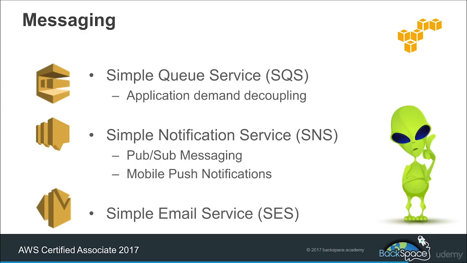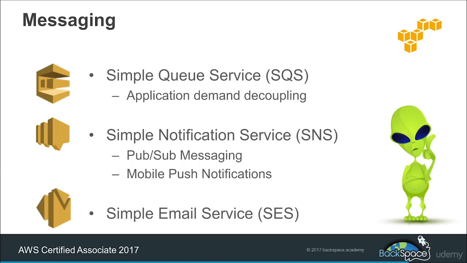So if that application all of a sudden receives a massive amount of demand, those requests for processing will go into the queue, and they will be built up in the queue until such time as our processing server is able to process that and reduce the queue size. So it's effectively decoupling our application from the demand by putting a queue in front of it, just the same as you would have a queue at the shopping centre or a queue at your local bank.